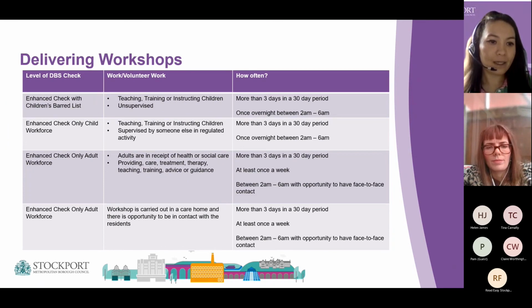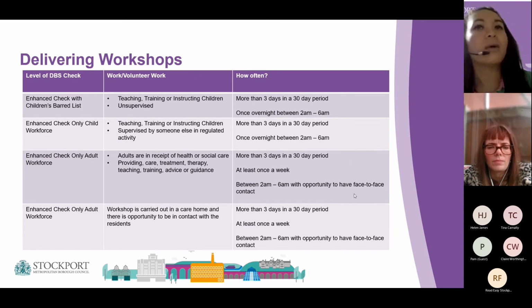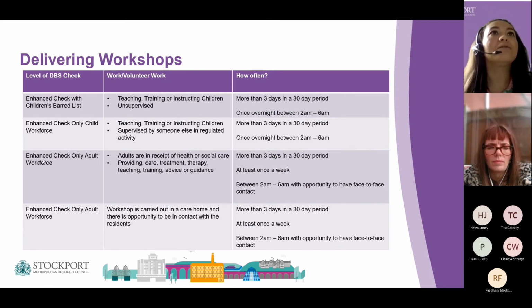And then the final one is delivering workshops. This is quite a common one. If they are teaching, training or instructing children and they're unsupervised, and once again they're doing it often enough, then they're in regulated activity and you can do an enhanced check with children's barred list.